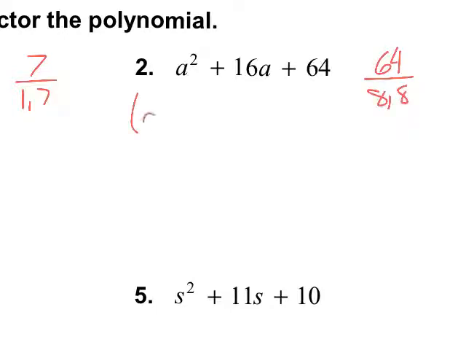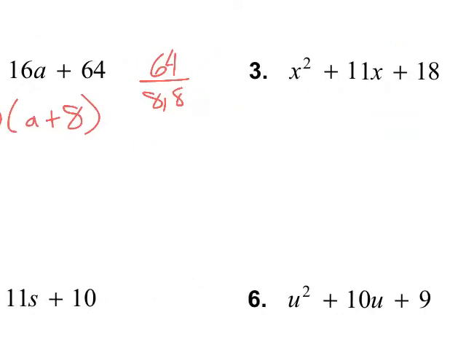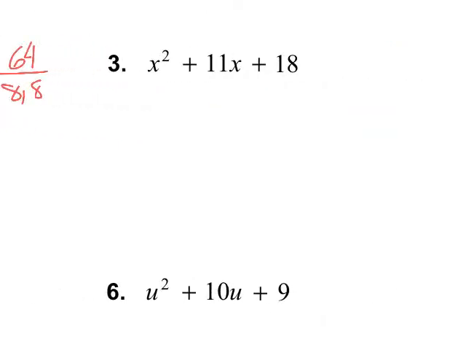So we have A plus 8, A plus 8. Number 3, factors of 18 that add to 11 would be 2 and 9. So X plus 2, X plus 9.